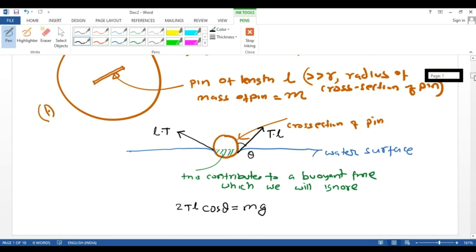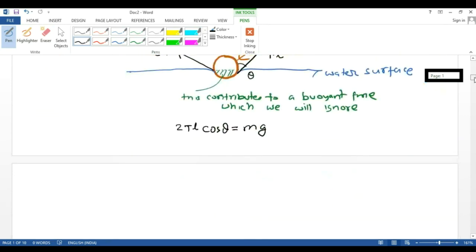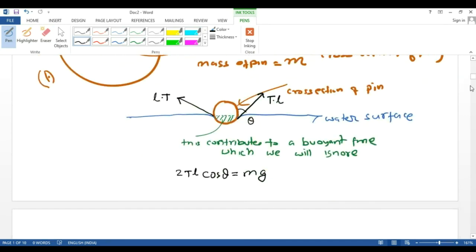Now what can be the maximum value of theta? It can be any maximum value, depending on how large the tension is. Theta will be larger and larger, but what can be the minimum value of theta so that it just floats? That brings us to theta equal to 0.